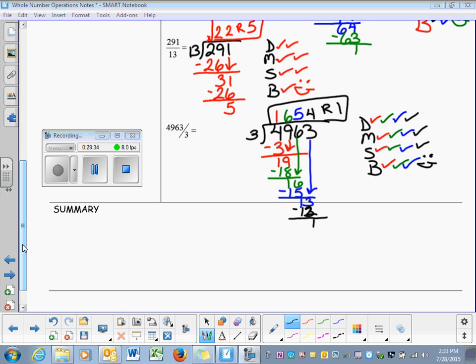ideas. And the biggest idea is to add, subtract, and multiply. Make sure you line up the place values.